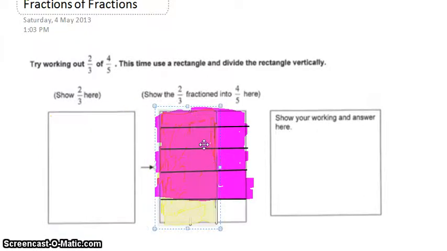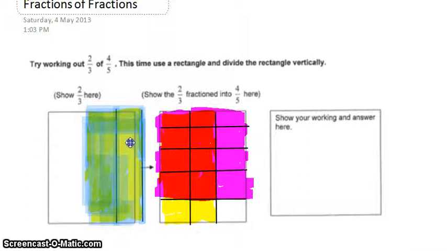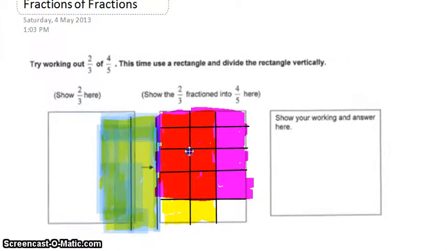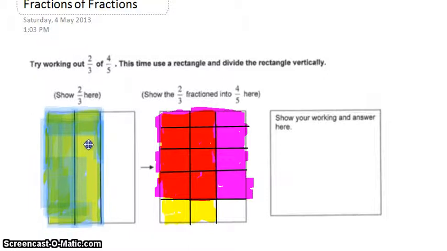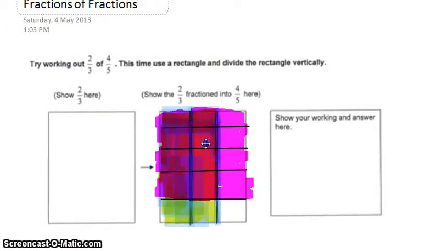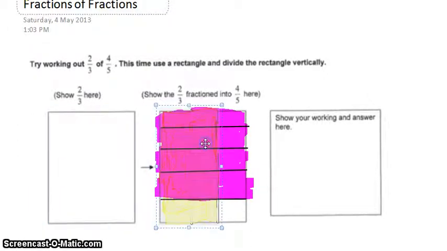I'm taking 2/3 of the 4/5 that are there.